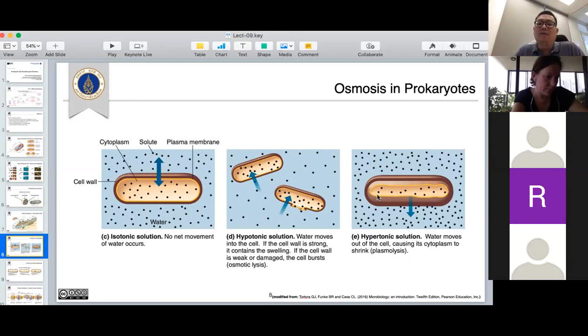So plasma membrane and protoplast, that means plasma membrane and cytoplasm, will shrink. But if you stain the cell, you still see the shape of the cell remains the same, as bacilli, as cocci, whatever, because of cell wall rigidity.